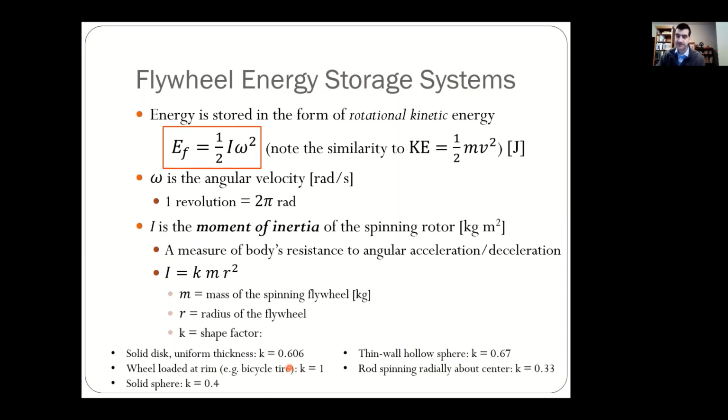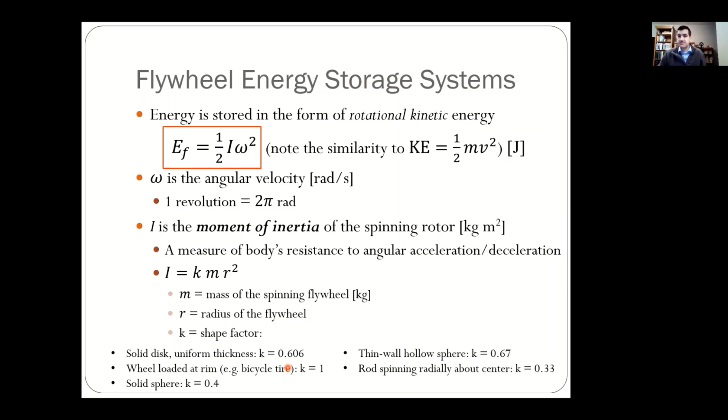If you have an ideal donut, an ideal donut has all of its mass at the perimeter. In reality, it's basically impossible to have all the mass at the perimeter and none in the middle. But we can say that certain things are close enough, like a bicycle wheel.